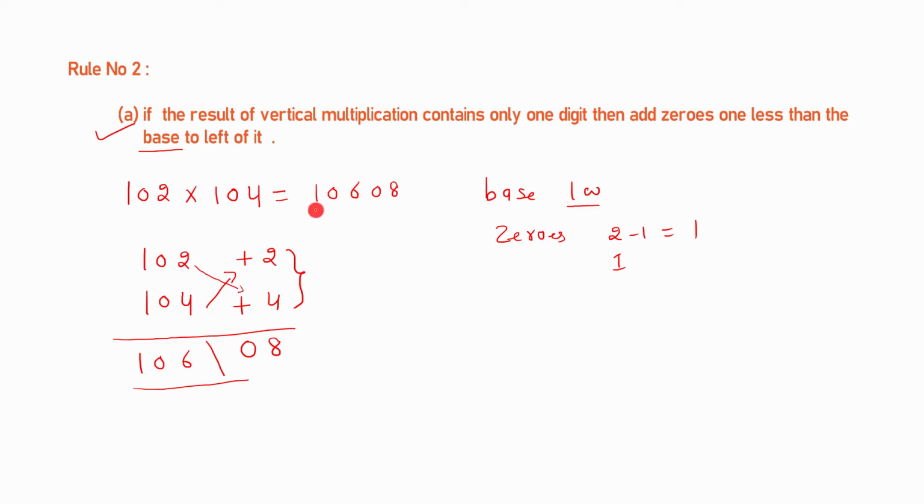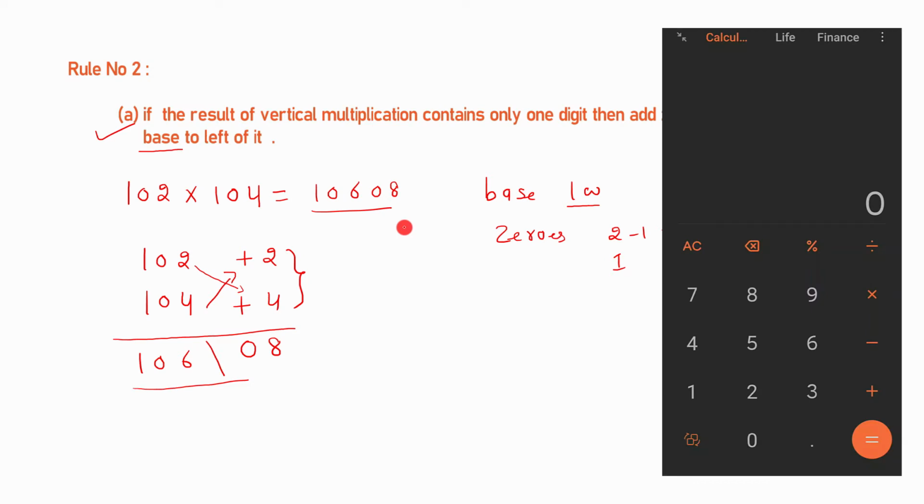Let's verify our answer with the help of a calculator. 102 into 104, our answer is correct, that is 10,608.